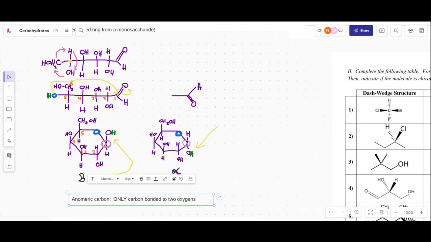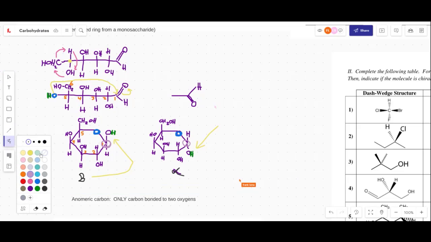Carbon number 3, 1 oxygen. 4, 1 oxygen. 5, 1 oxygen. 6, 1 oxygen. Only carbon number 1 is bonded to 2 oxygens. It's bonded to the oxygen in the ring and the oxygen here. That is the anomeric carbon.